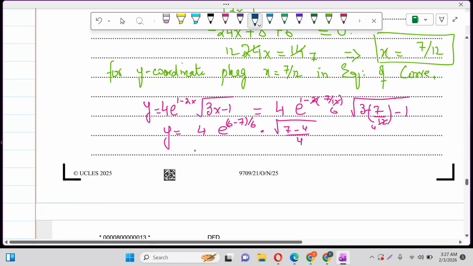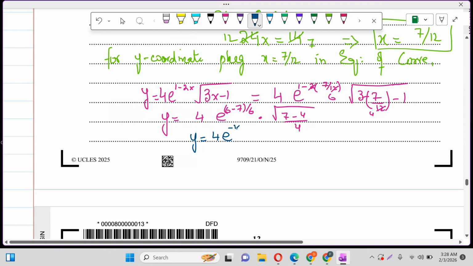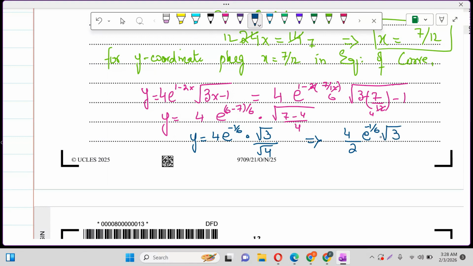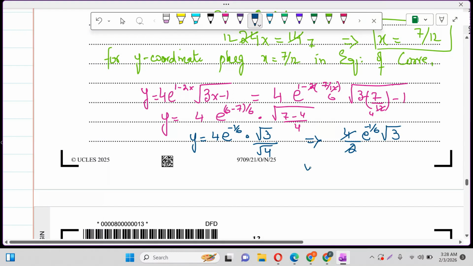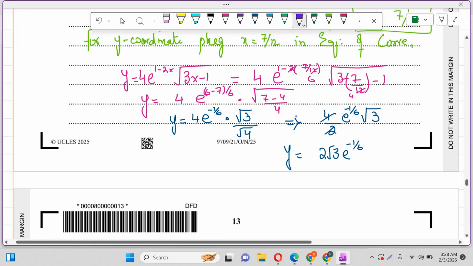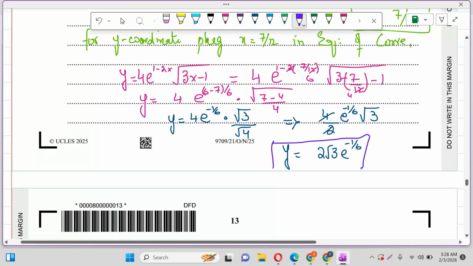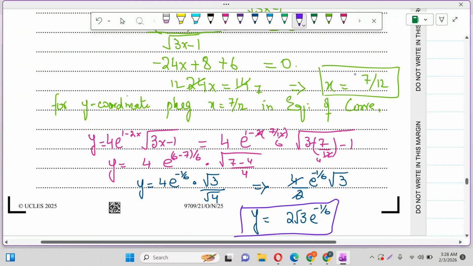Further solving, we will have y equals 4 exponential of negative 1/6 times √3 over √4, and this is equal to 4/2 exponential of negative 1/6 times √3. So we can say that the y coordinate is equal to 2√3 exponential of negative 1/6. So we have the y coordinate and we have the x coordinate.